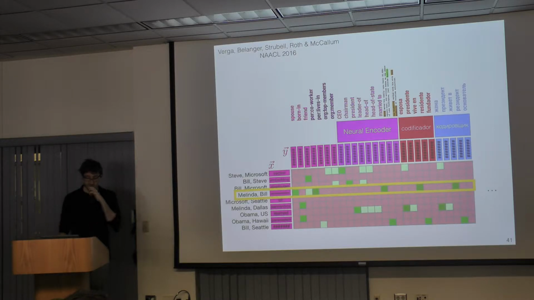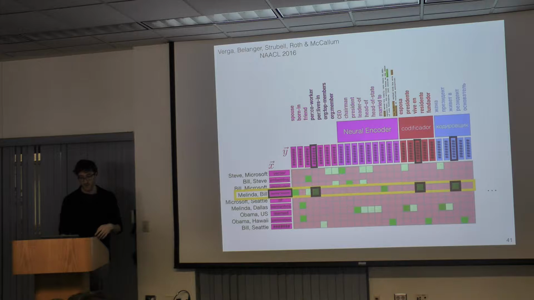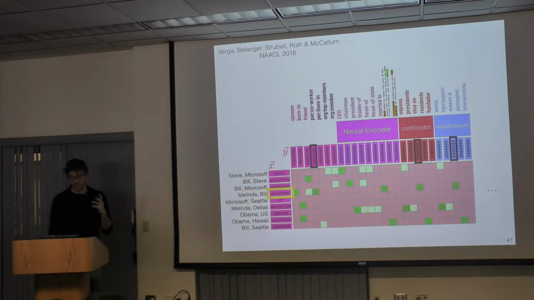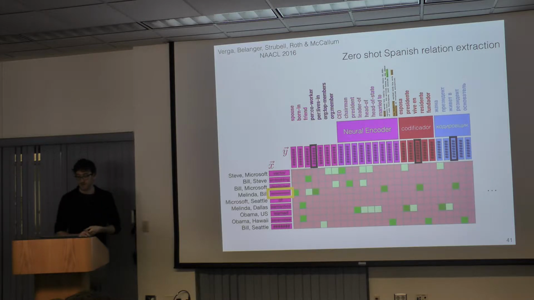A little more concretely, if in this example we see that Melinda and Bill Gates are entities that exist in all three languages, when we train the model in the way we talked about before, the English columns are going to be trained to be more similar to the Melinda and Bill row vector, as will the Spanish column and the Russian column. So all of these different languages are being pushed towards the same target, and in that way they're aligned and anchored by these shared entities. And through this transfer learning, we showed we could even perform zero-shot relation extraction in Spanish using only annotations in English.